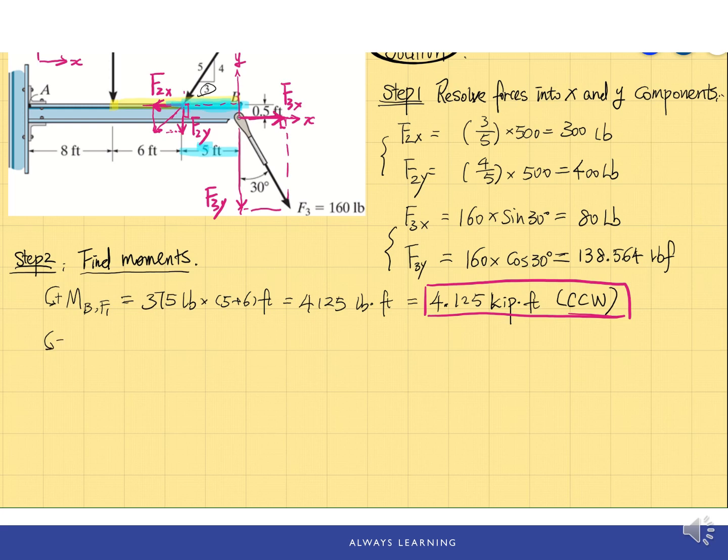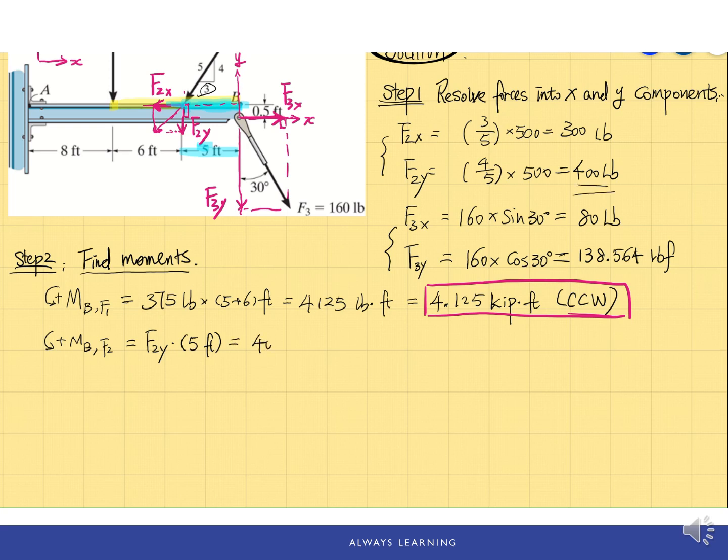So same idea, we indicate the counterclockwise rotation will be a positive moment, and we said F2x will have a zero moment, so we'll only have F2y times the moment arm, which is 5 feet. So F2y, I already did the calculation.